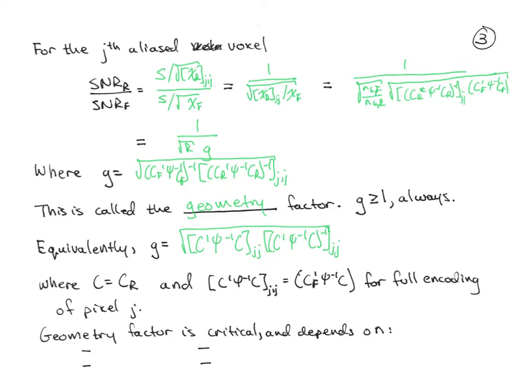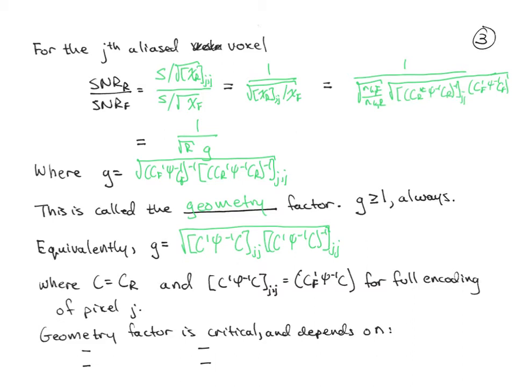Now you only have to build one C matrix, and you take that C matrix to be the reduced C matrix, and then this guy equals the full case for full encoding of pixel j.